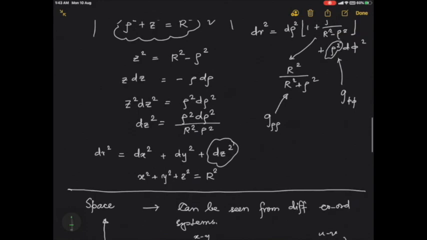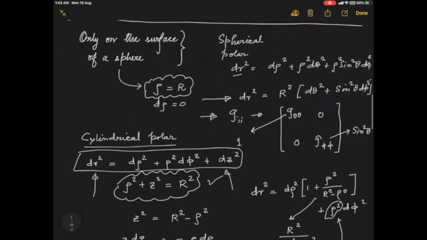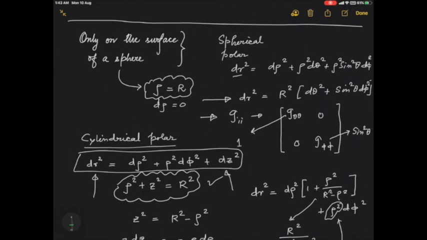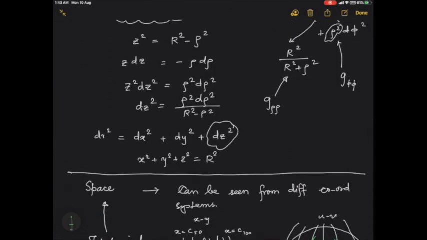And I gave you a small exercise, if you remember, to write this dr square down instead of dx square and dy square only, which is writing down the metric on the surface of a sphere in the 2D Cartesian coordinate system. Okay, so this is what you will practice till the next class, and in the next class we will start classical mechanics.